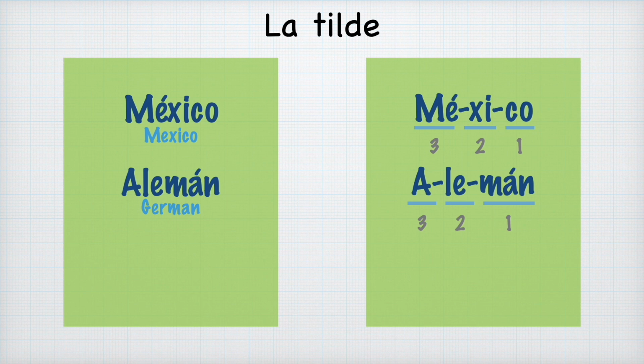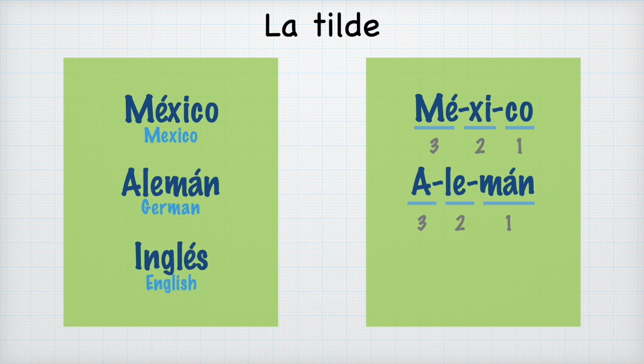So instead of Alemán, this would have been Alemán. At least that's what the rule says. But we don't want it to sound like that, so we're going to put the accent on the A at the end, and it becomes Alemán. Because of the accent, we know we have to stress the last syllable.